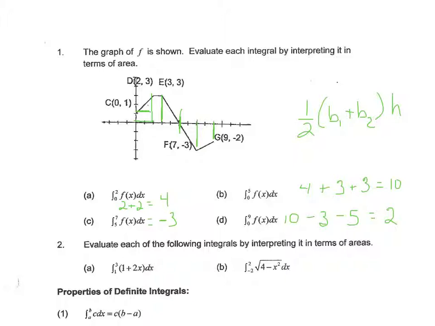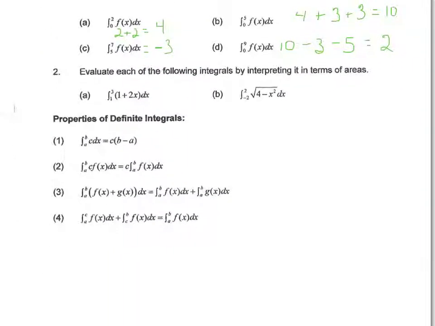So we want to look at some properties of definite integrals. Some of these we can think about in terms of area. The definite integral from a to b of a constant times dx.